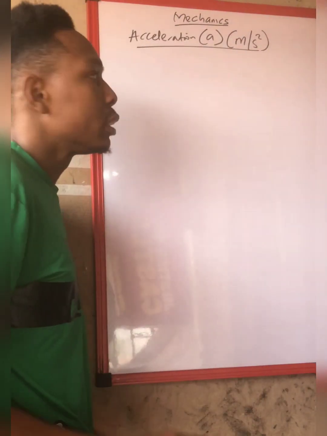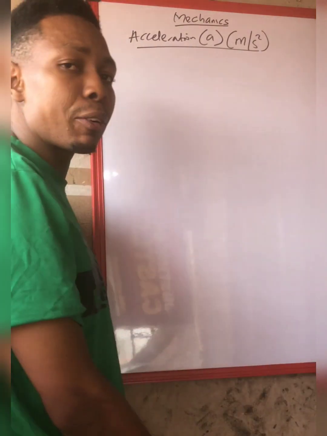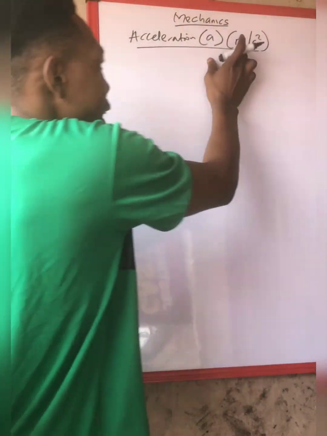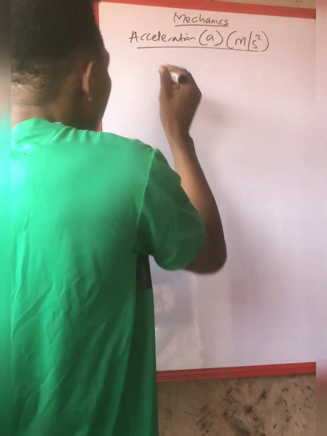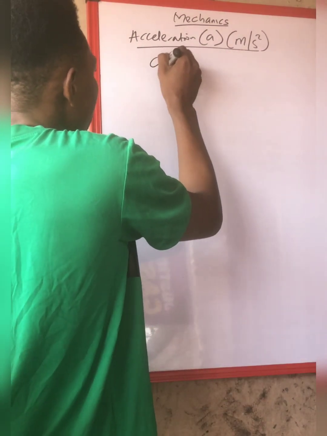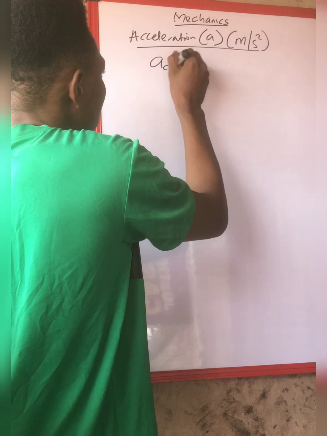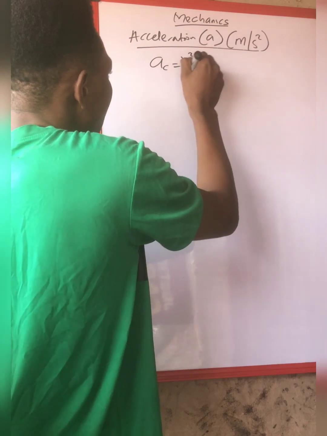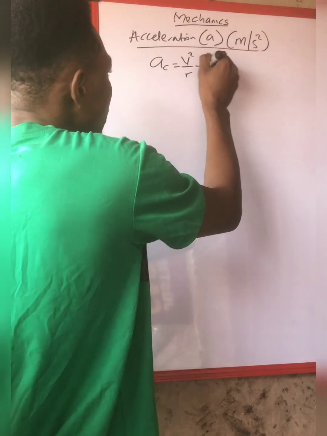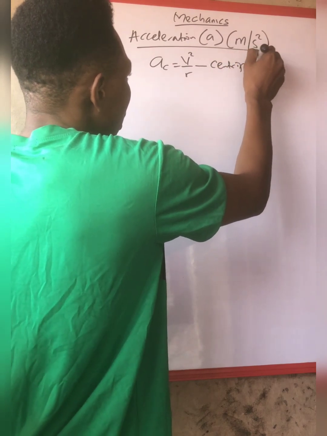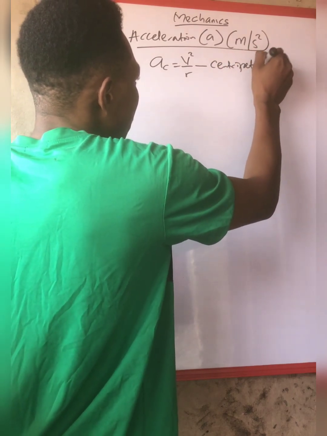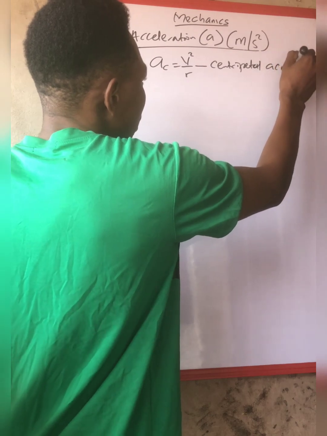Alright, so the next one is acceleration, and the symbol is A, and the SI unit is meter per second squared. Now the first one, we have AC equals V squared over R. This one is known as centripetal acceleration.